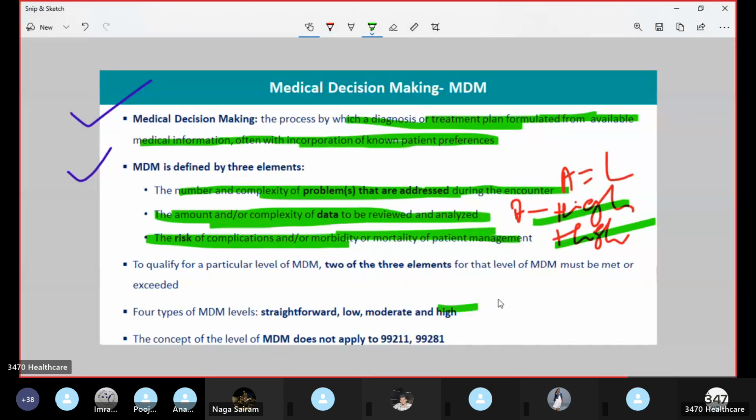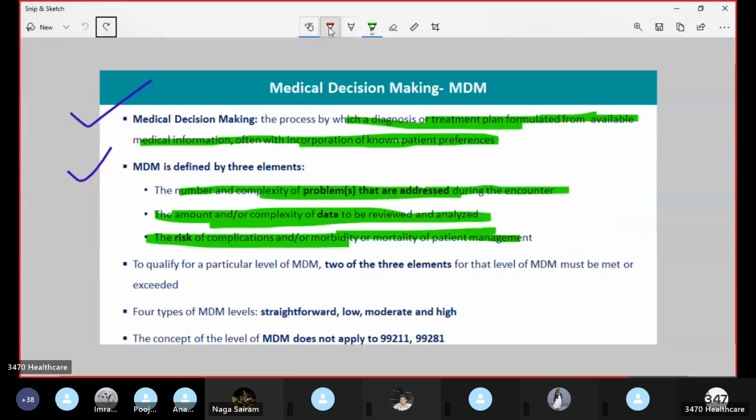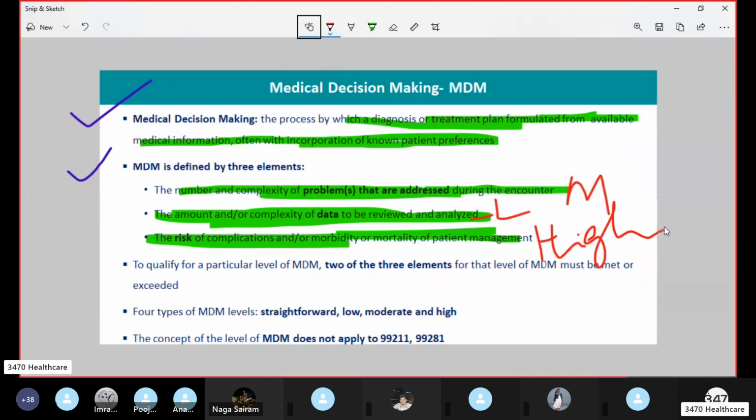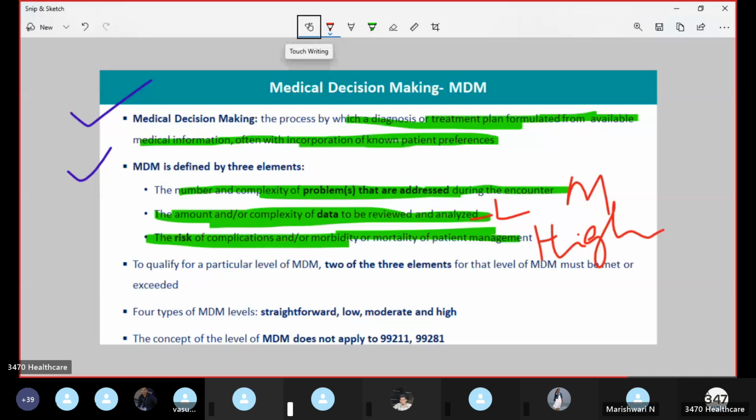So high. One more example: A table is moderate, B table is low, C table is high. Now what is the answer? Moderate.